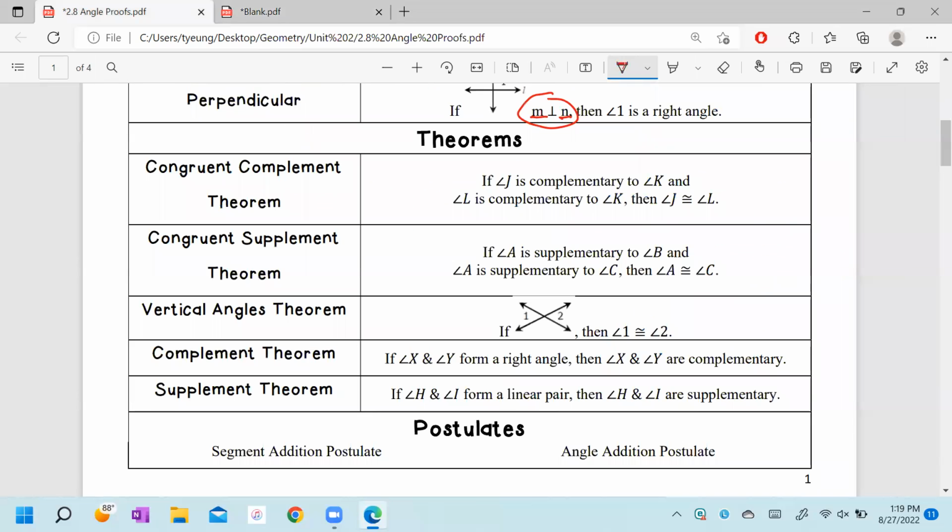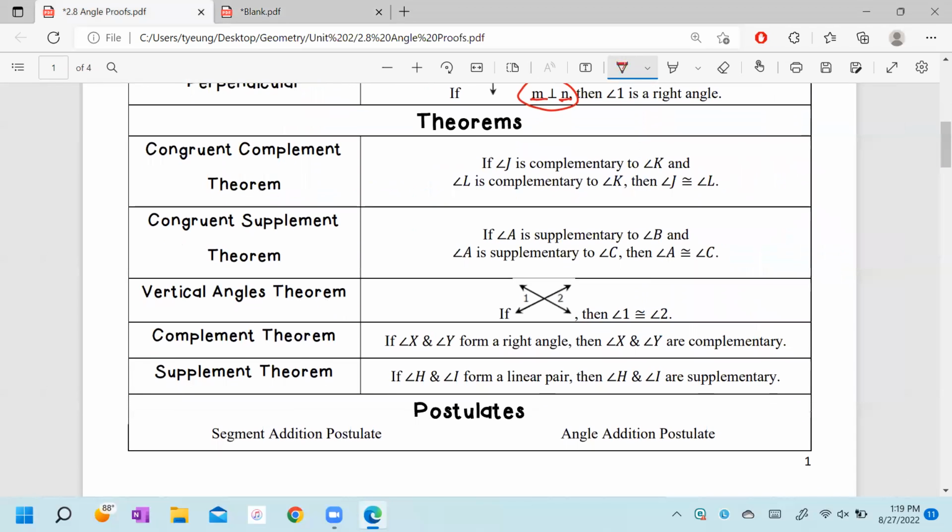Moving on, congruent supplementary theorem, same idea. If A is supplementary to B and A is supplementary to C, then angle A is supplementary to C as well.